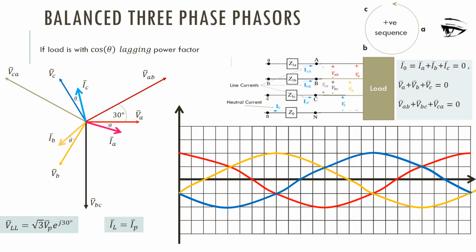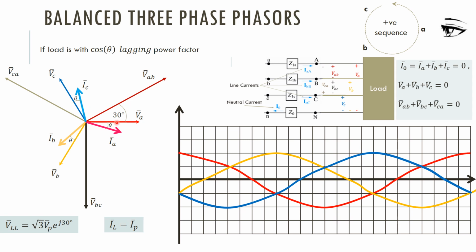Then we are bothering about the ABC sequence, the positive sequence, right? So here we can draw the graph. I'll take the pointer here: VA here, VB here, and VC here.